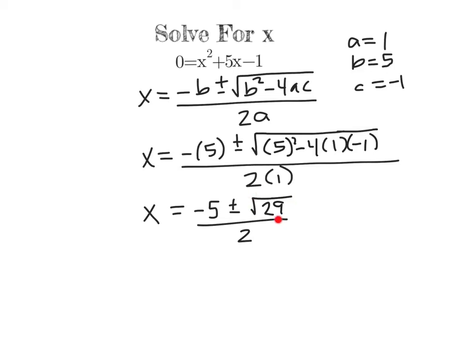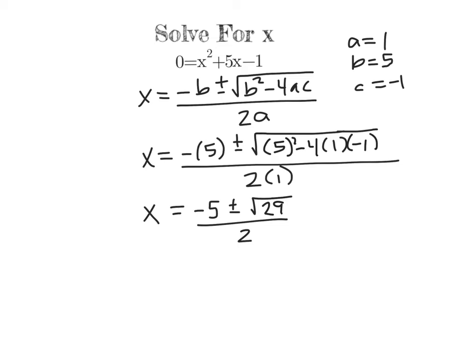Now, because the 29 does not have a nice square root, a whole number that we can pull out, 5 times 5 is 25, and 6 times 6 is 36. 29 is somewhere in the middle, which means this is going to be some decimal between 5 and 6, like 5 point something. We're not going to be dealing with decimals, so we don't want to round.